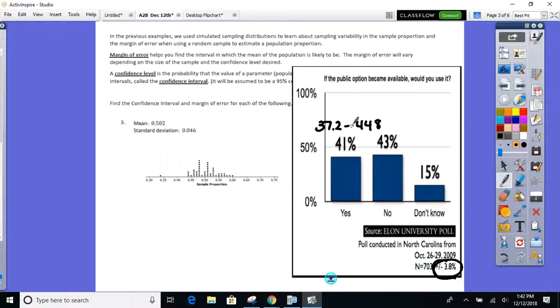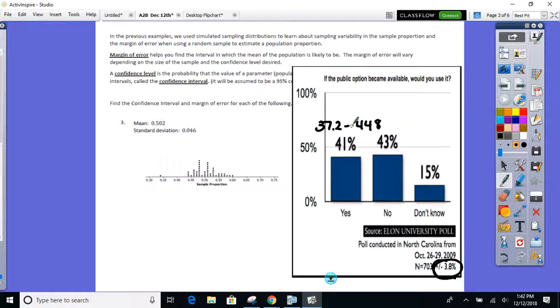So here's what they're saying by putting this, what's called margin of error: 41%, probably exactly 41%, no, but I bet it's between 37.2 and 44.8. We're pretty confident there using that margin of error. Okay, so that's what that means. It could be above that or below that, the average.